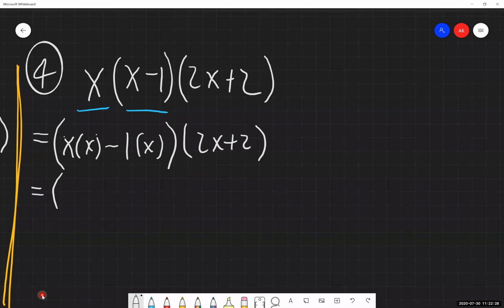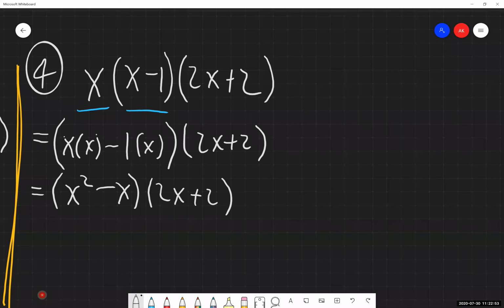Simplify inside these parentheses, I have x times x, it's going to give me x squared. Minus 1 times x is going to give me minus x. And I can't do anything else with that first polynomial, which is fine. But now, those first 2 polynomials have just condensed down into being x squared minus x.